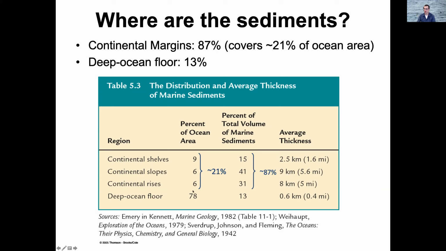Whereas the deep ocean floor makes up about 78% of the ocean area, but only about 13% of the total volume of sediments, and they're much thinner there as well.